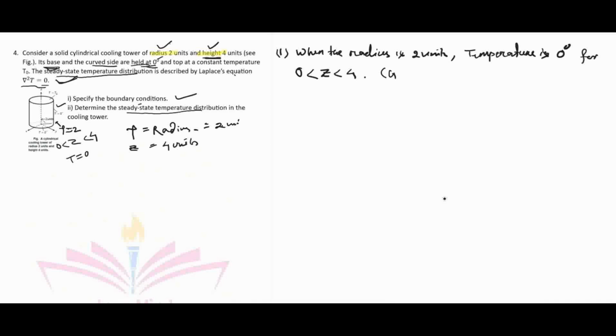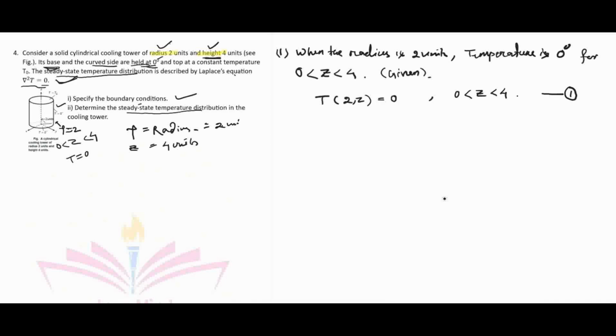This is given to us. Now mathematically, how can we write this? We can write T(2, z) is equal to 0 for z ranging from 0 to 4. This is equation number 1.